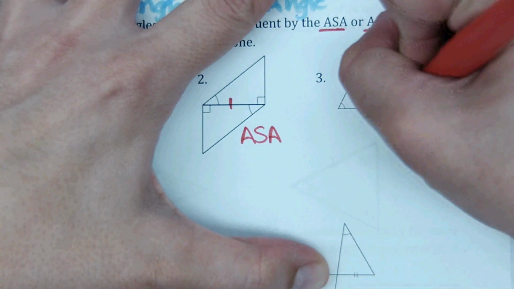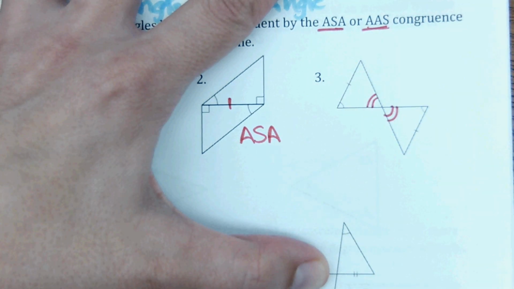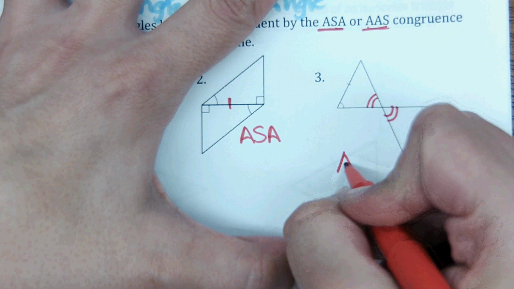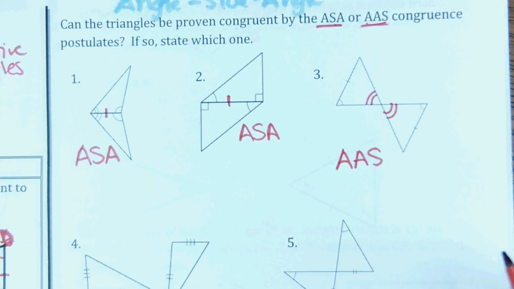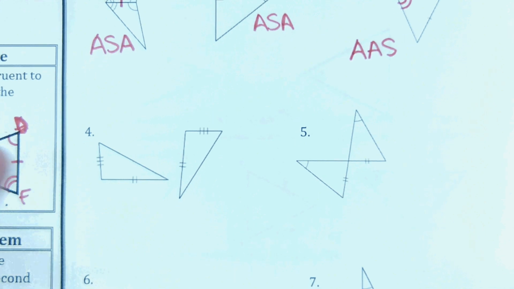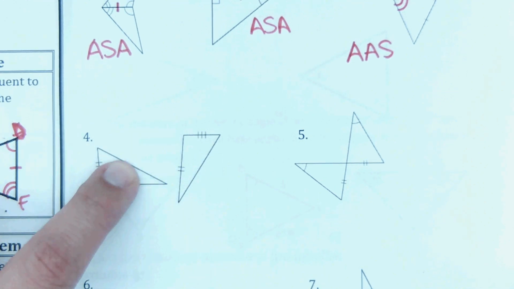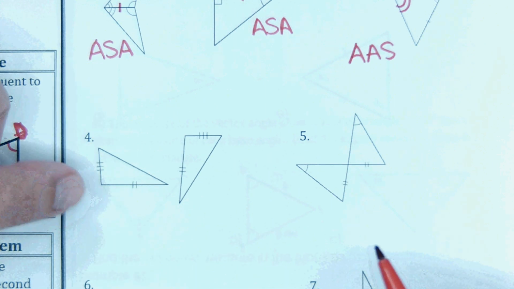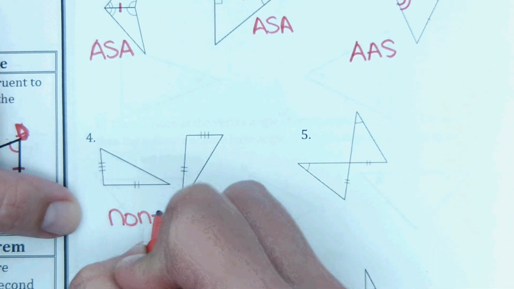Number 3, the vertical angles are equal to each other. So we can label that. And then we can see if we have any of our congruence postulates. Let's see, angle, angle, side, angle, angle, side. Number 4, it has 2 of the sides labeled, but it doesn't say anything about the third.